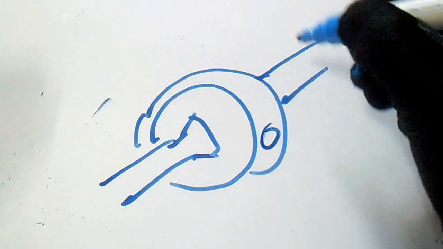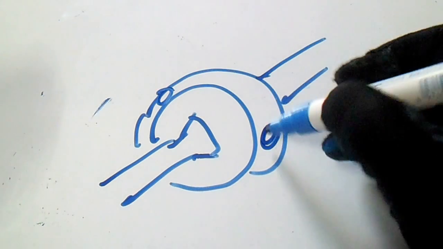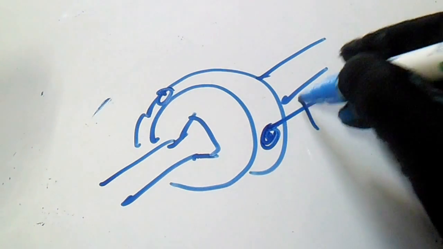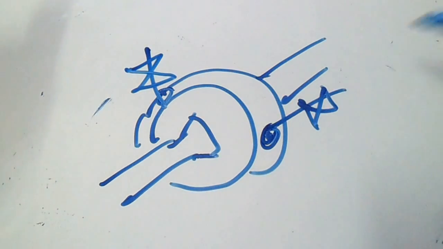If you see, they have a hole on both sides, they have a thread, and then they have also a bulb here. You see that this is the orifice flange.